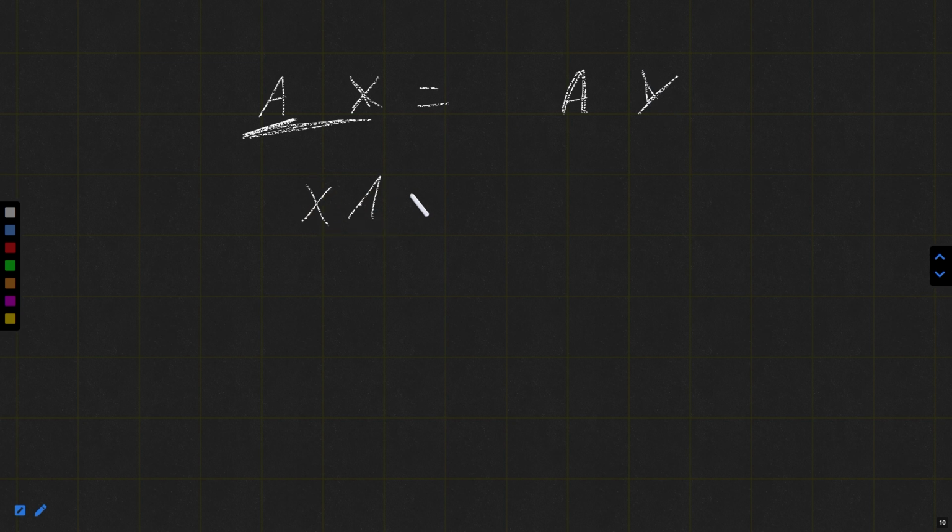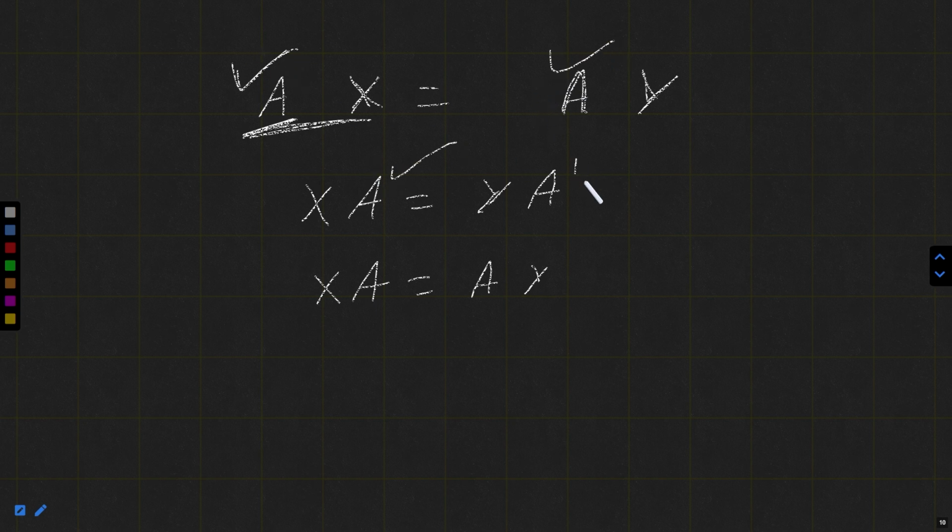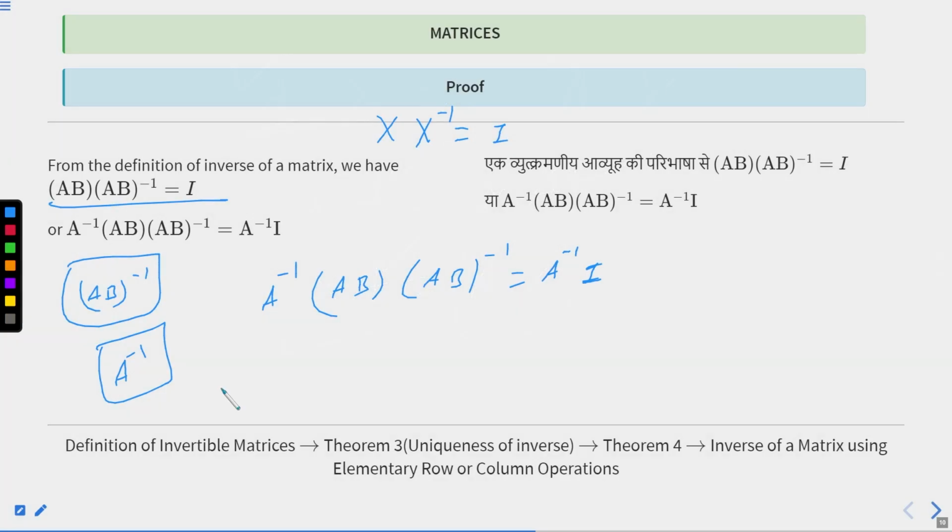If you write this, then you must write this. You cannot write like this. Why? You all know that in matrices commutativity is not true in general. So if you are multiplying on the left hand side, please do so; if you are multiplying on the right hand side, please multiply on the right hand side. You cannot multiply on the right hand side at this side and on the left hand side at that side. Okay, clear? So this means this.